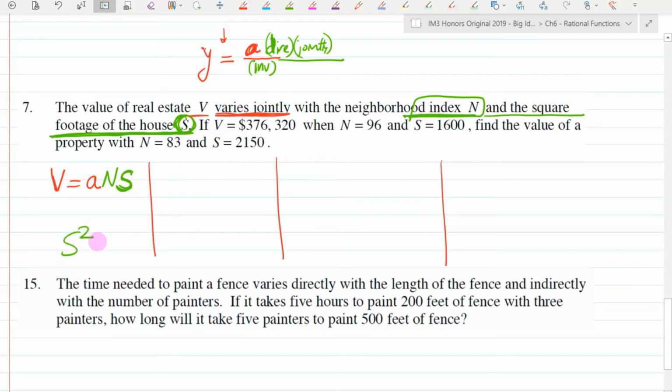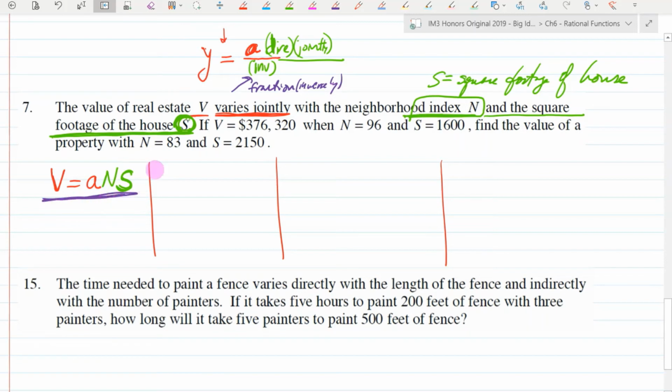Now, we're not doing S squared. They give you the formula, and S is equal to the square footage. Again, the reason we don't have a fraction here is because there's nowhere where it says inverse. So the only time you have a fraction is if you see the word inverse in the problem, or varies inversely, or something like that.